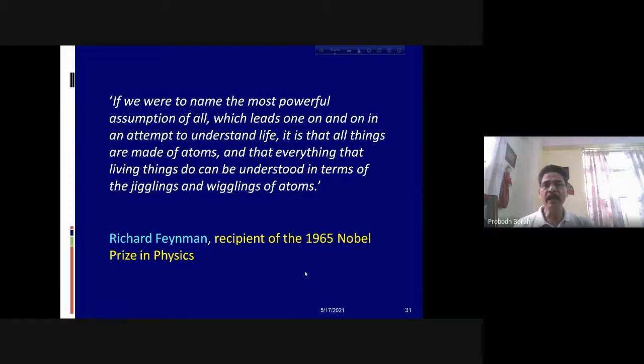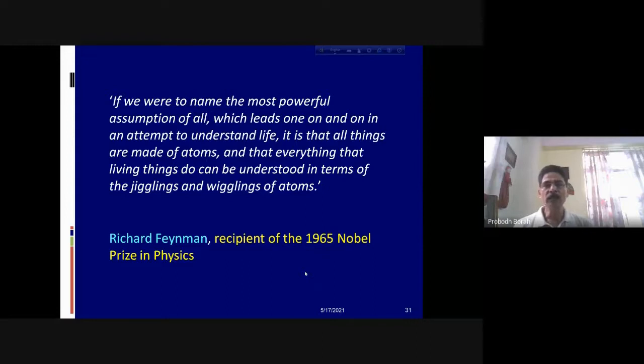So he predicted that like the material world, probably all biological complex phenomena can also be understood if we can understand the intermolecular or interatomic interactions occurring within the biological system.